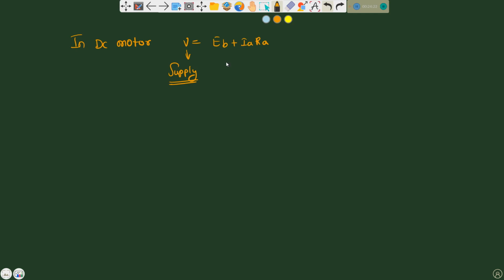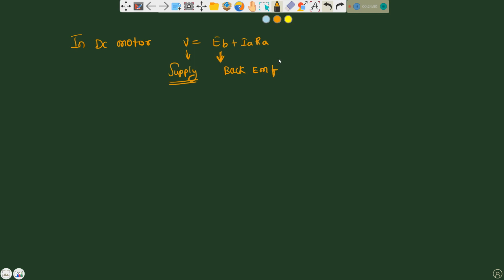Due to that generating action, the armature conductor cuts the flux, and due to that flux cutting there will be an EMF. That EMF is a small amount, and that EMF is called back EMF. Understood? What is EB? Back EMF.